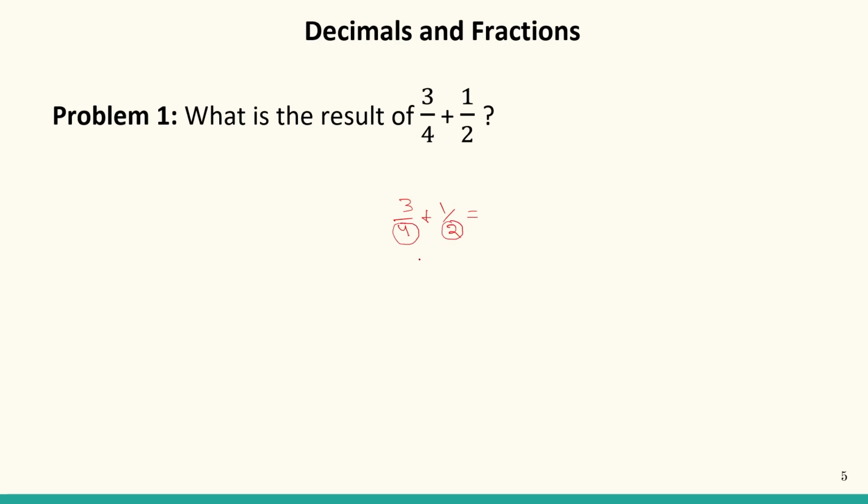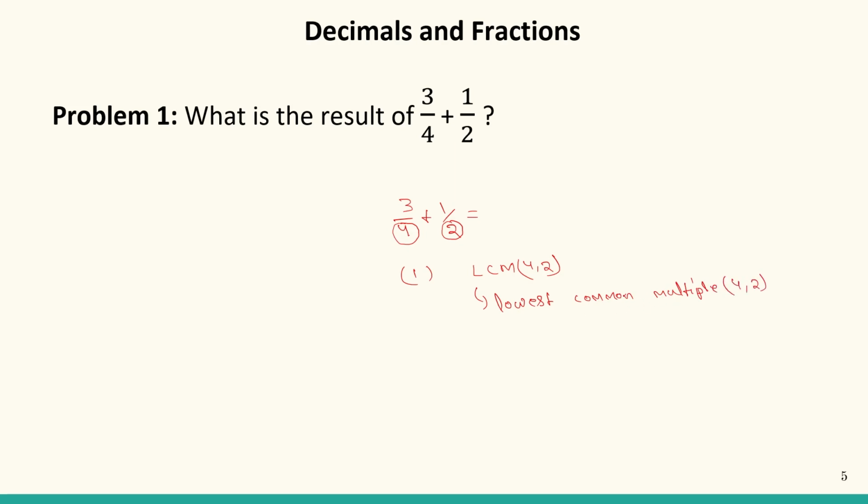So we first need to find the LCM of 4 and 2. What is LCM? L is for lowest, C is for common, M is for multiple, of 4 and 2. We already know the steps.